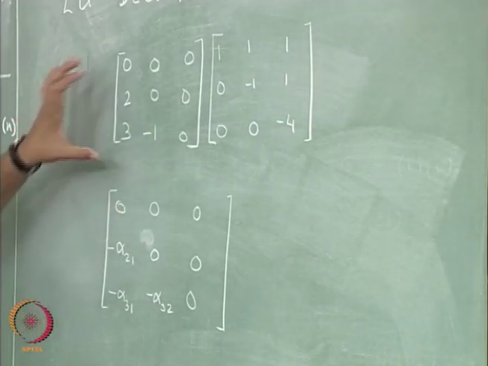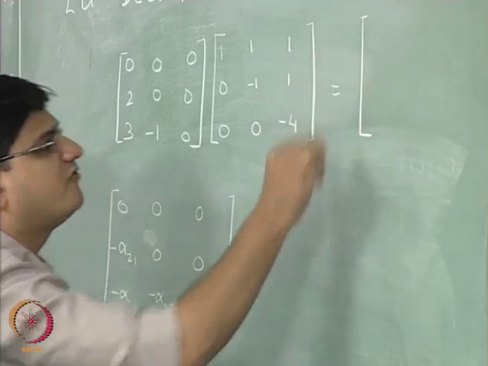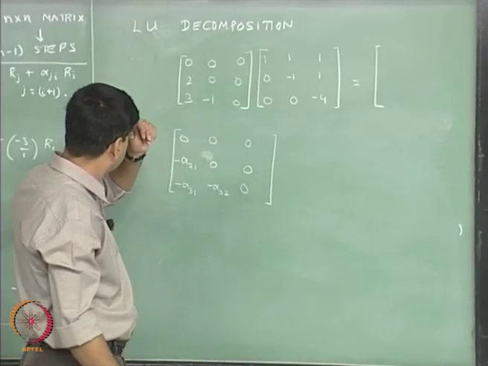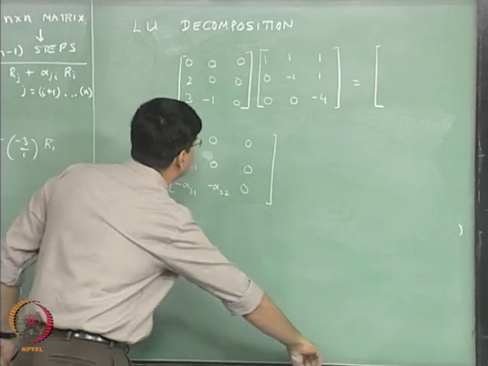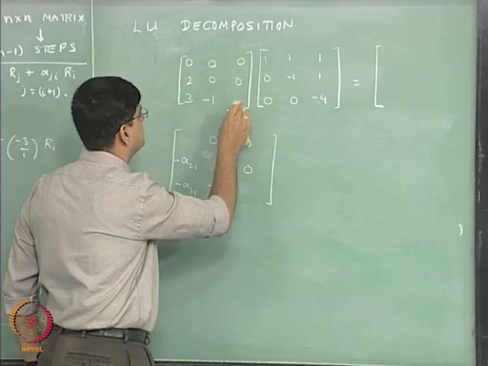Okay. So this is one matrix, this is the other matrix. Let us take a product of these two matrices. Oh sorry, not 0 0 0, I should be putting 1 1 1 over here. Okay, my mistake.